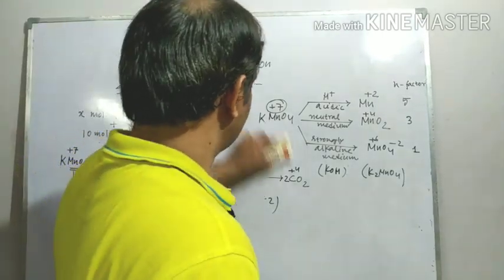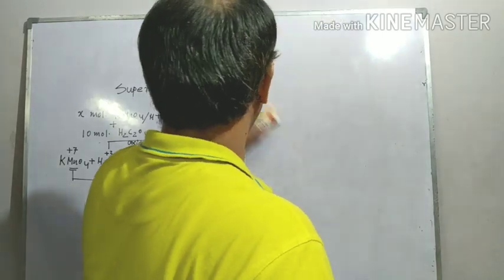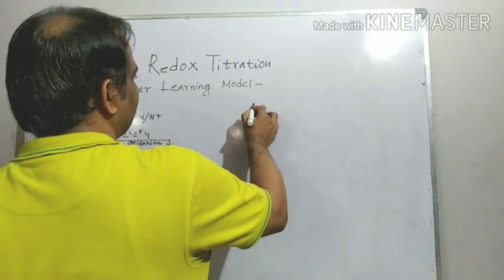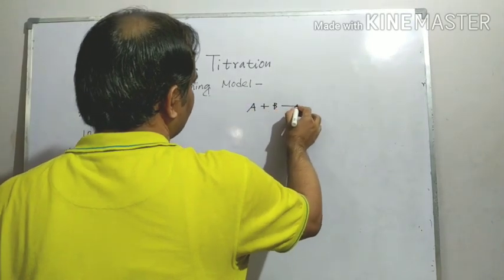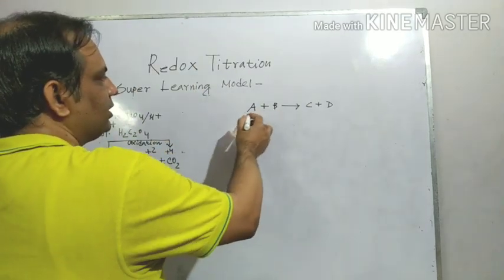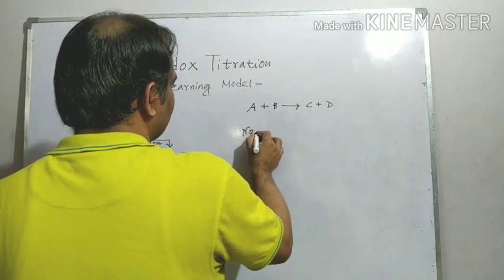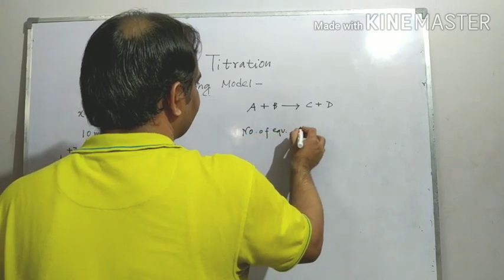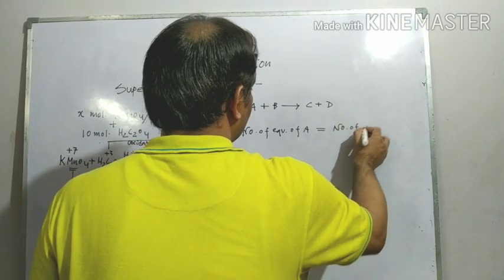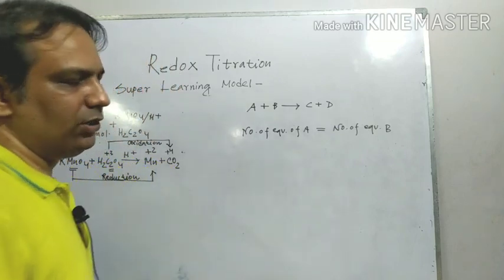Now, what is the law of chemical equivalence? According to the law of chemical equivalence, for any complete reaction, the number of equivalents of the reactants should be equal. Suppose there is a reaction between A and B, the 2 reactants, and the products are C and D. In that case, the number of equivalents of A should be equal to the number of equivalents of B. This is the law of chemical equivalence.